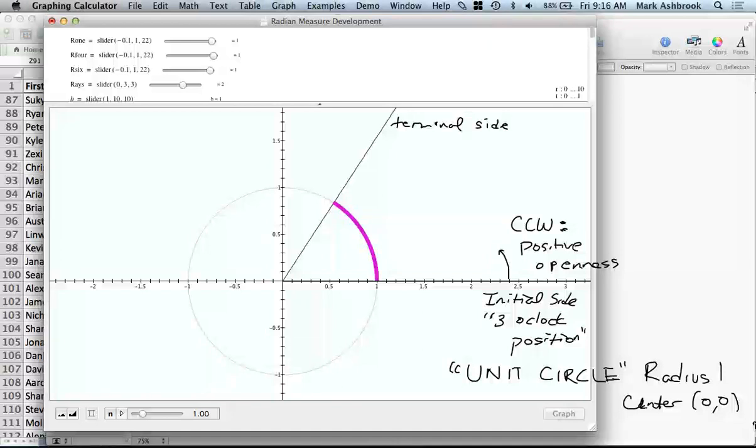So for instance, a circle of radius, doesn't matter, 24 feet. So this is a 24 foot radius. How can that be thought of, this circle of 24 feet?